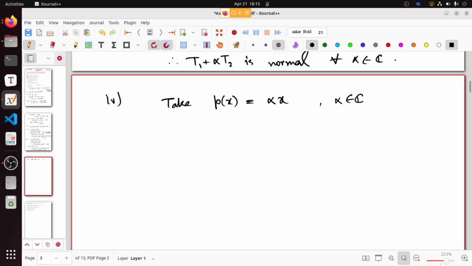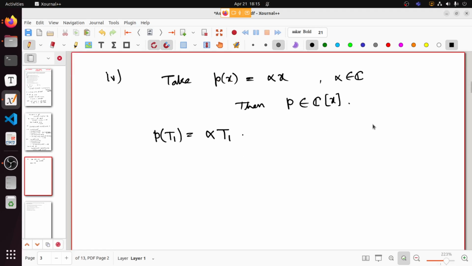Then P belongs to C of x, right? Then what will be P of T1? P of T1 will be alpha T1, right? But is this self adjoint? This is not, because alpha is a complex number. So what will be P(T1) star?